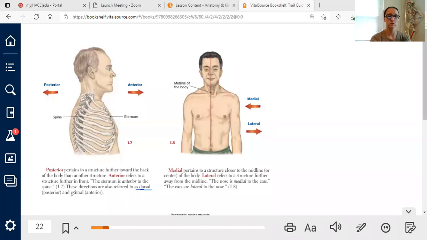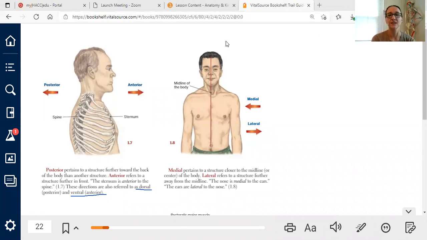Dorsal refers to something that's on the posterior side of the body, and ventral refers to something that's on the anterior of the body. Again, typically this is not used in bipeds, more in quadrupeds and fishes.